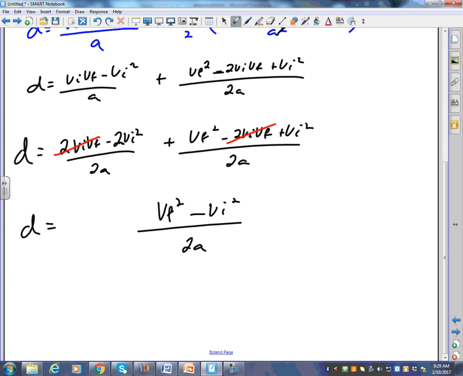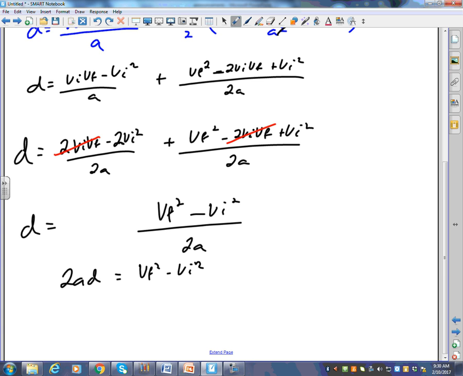Now, we do get a little bit of cleanup. They like it expressed in terms of VF squared. So I'm going to multiply both sides by 2A. And that means over here, if I multiply the left side by 2A, I'm going to have 2AD. And if I multiply the right side by 2A, the 2A's cancel. I'm left with VF squared minus VI squared.